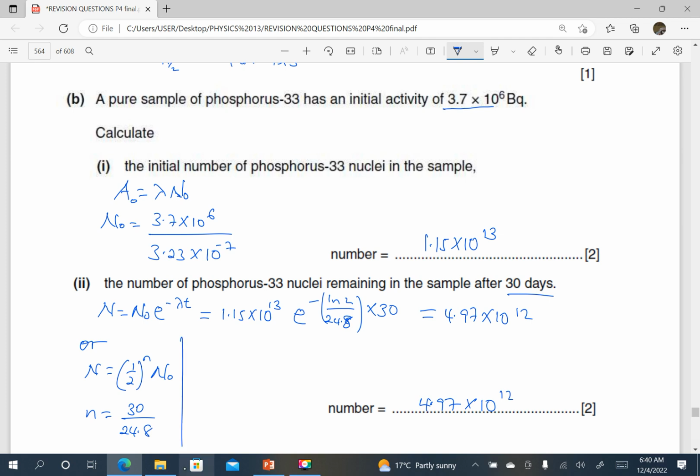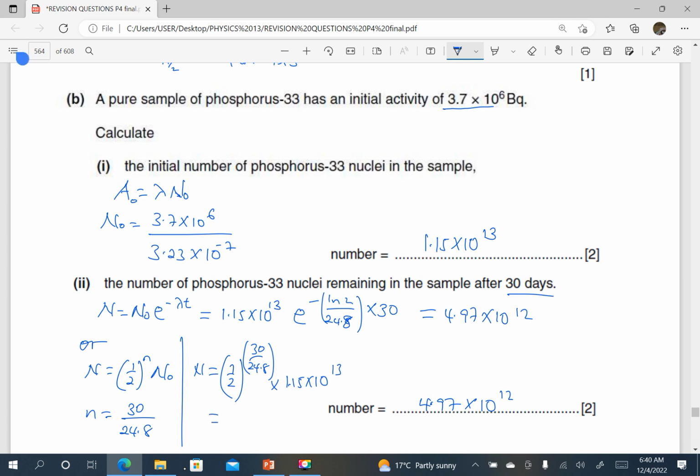So it means N, capital N, is going to be a half power 30 over 24.8, then times N naught, which we got as 1.15 times 10 power 13. So we can check this.